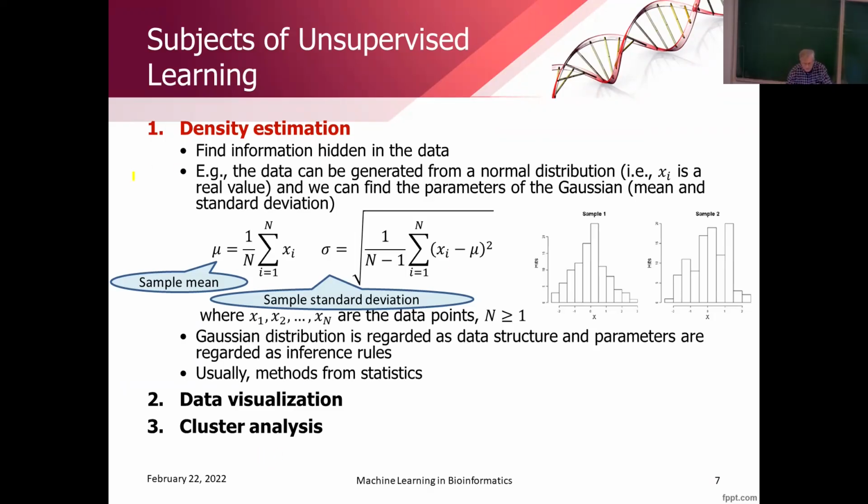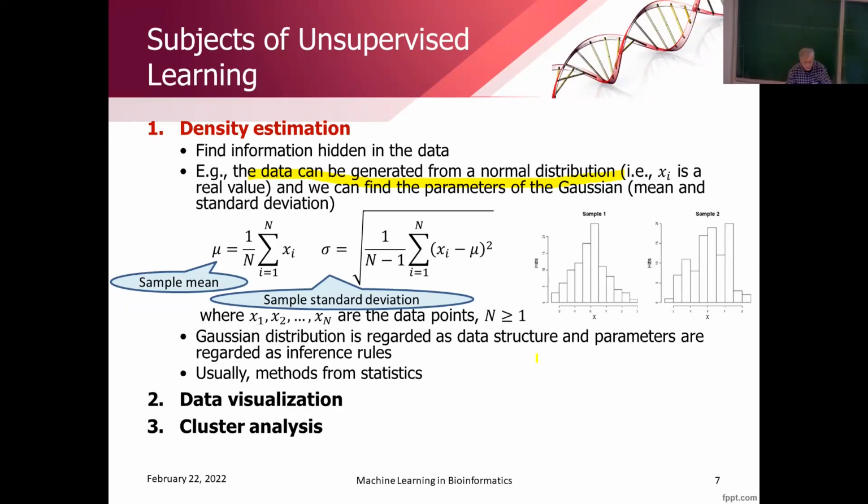For example, if the data are generated from normal distribution, then we can describe the data by the mean value and standard deviation. Knowing these two parameters gives us some good estimate of the data.